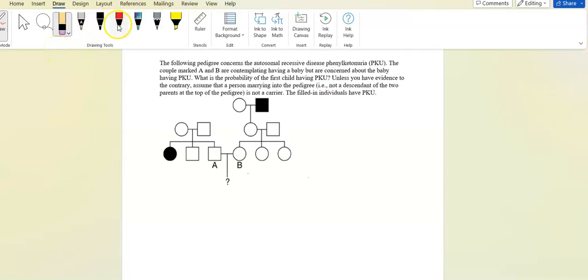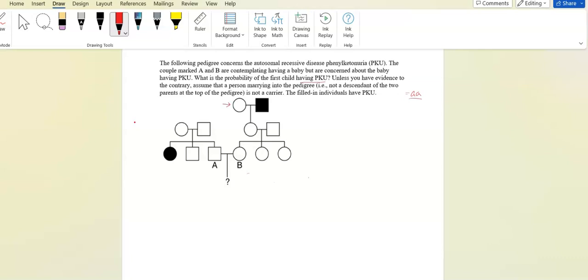It's pretty straightforward. All you're doing is calculating the probabilities of a particular outcome, and we're using the rules of multiplication because they're independent of one another. So this is saying PKU. We know PKU is a recessive trait, so we can just use little a. We don't have to use the actual nomenclature here.